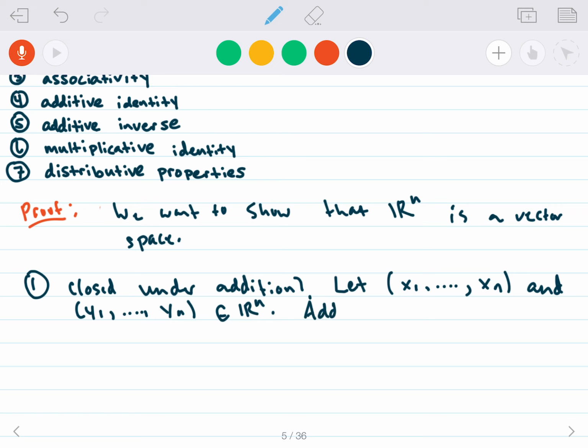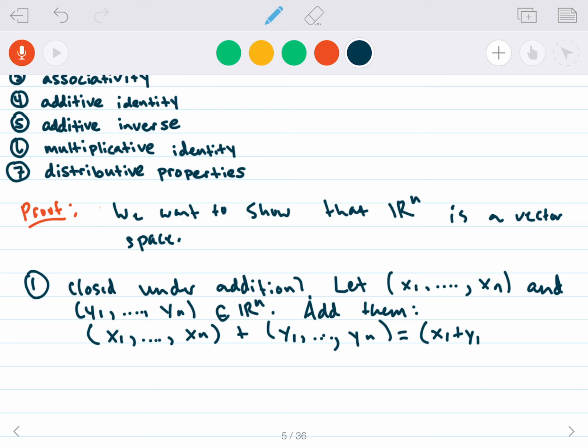Now we're going to add them. And we talked about how to add vectors last time. We just add them component-wise. That's how we do it. So x1 plus y1 is simply x1 plus y1. x2 plus y2 is x2 plus y2, all the way to xn plus yn.